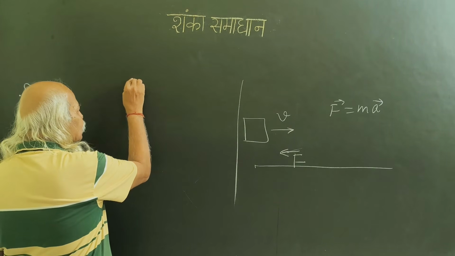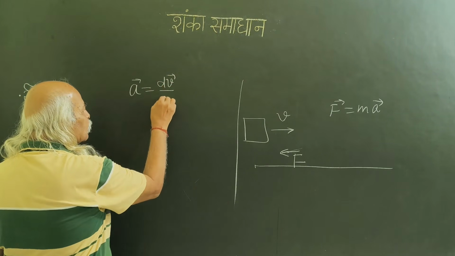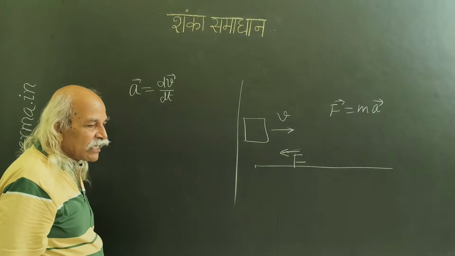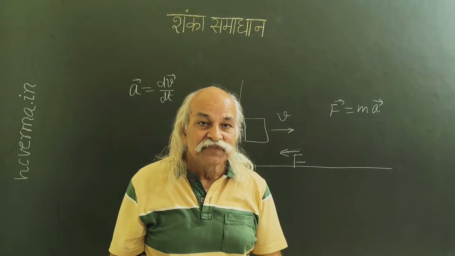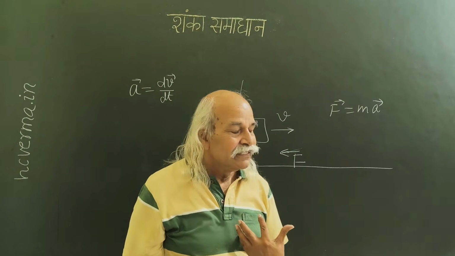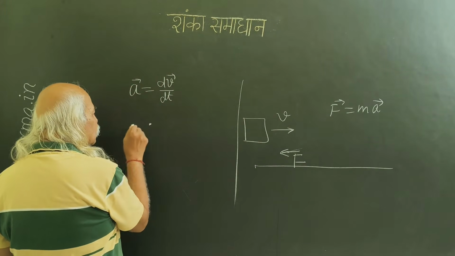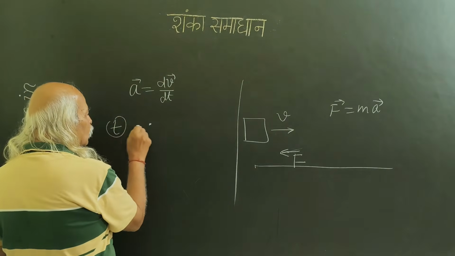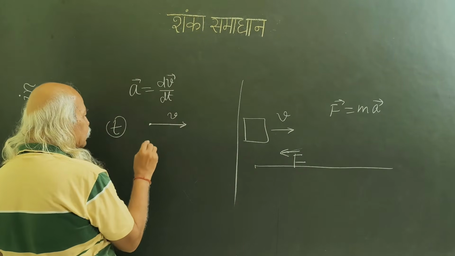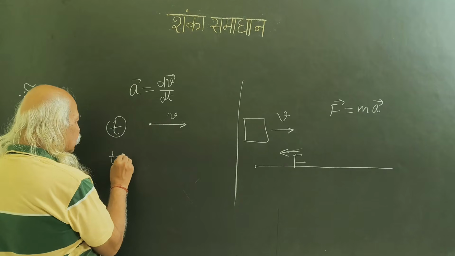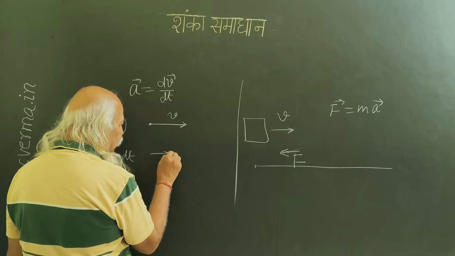Acceleration is the change in velocity in a small time dt. Acceleration we write as the rate of change of velocity. So say at a certain instant t, the velocity is this big in the forward direction, and since it is slowing down, after some time the velocity has decreased and it has become this.